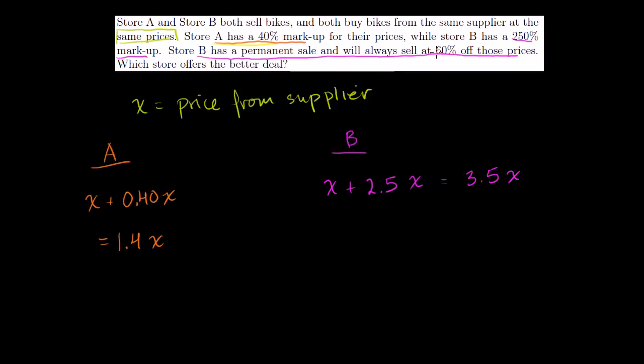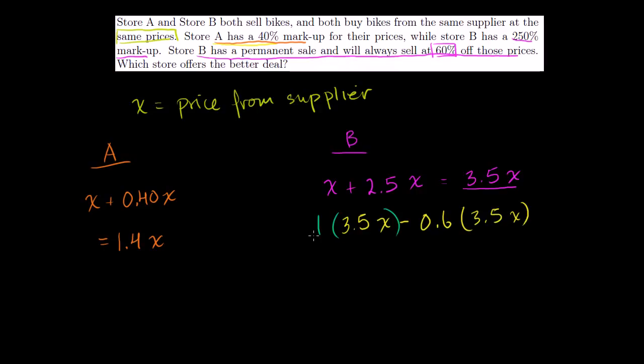But then they sell at 60% off those prices. So then they take 60% off of this price right here. So the real selling price is going to be 3.5 times the price from the supplier minus 60% of this price of 3.5x. And we could view this as 1 times 3.5x minus 0.6 times 3.5x.